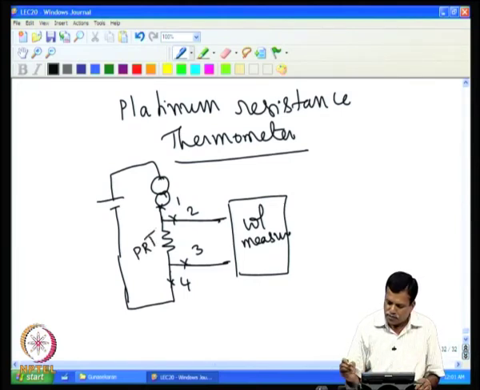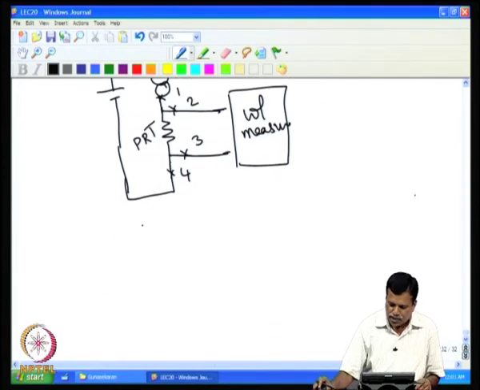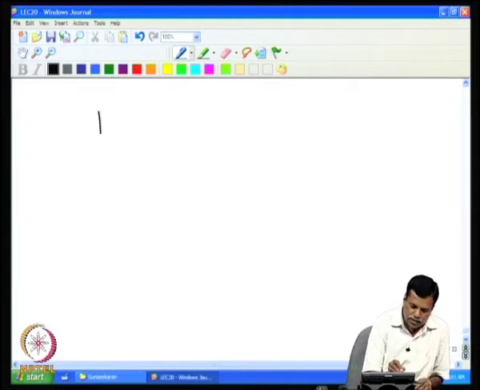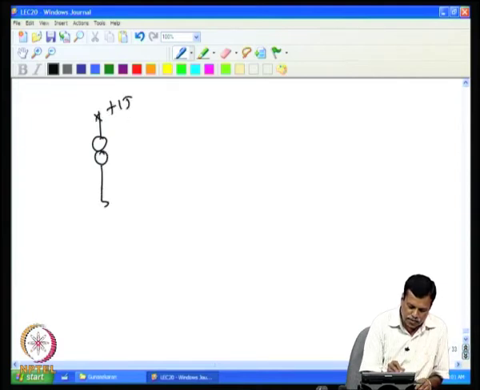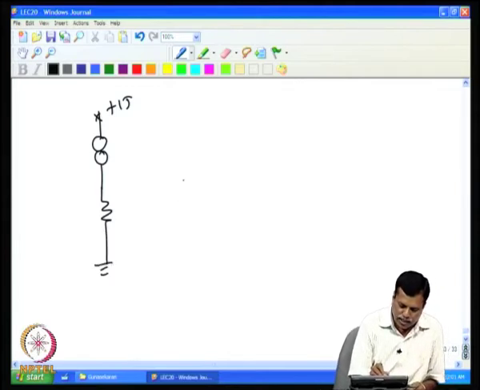So, as I said, we use two methods. In one case I use the PRT and then use a simple voltage amplifier. For example, you have the plus 15 volt and then you have the PRT, and this PRT will be connected in a 4-wire method to an instrumentation amplifier.